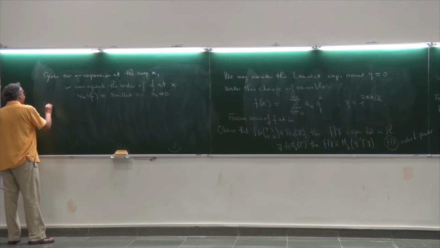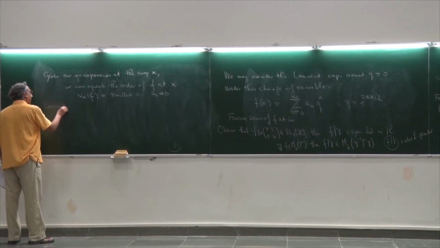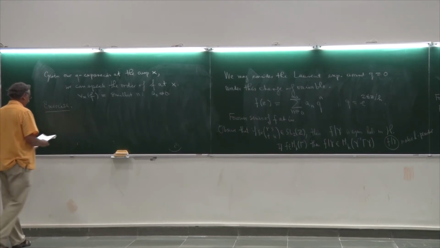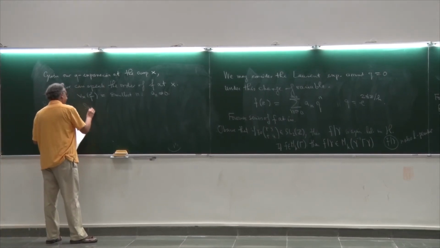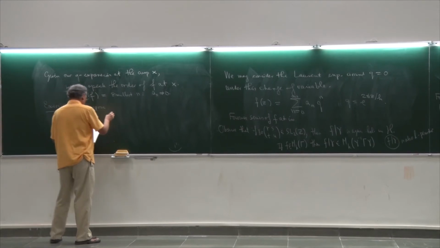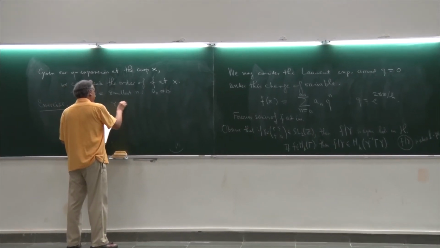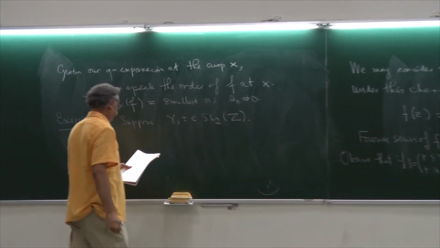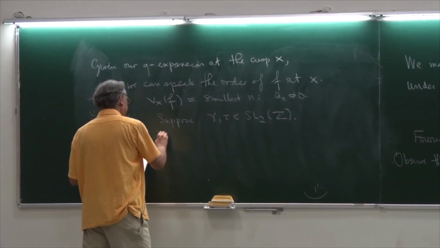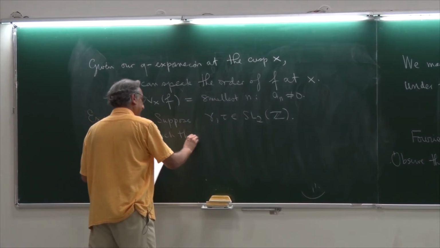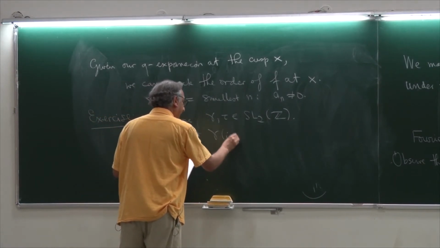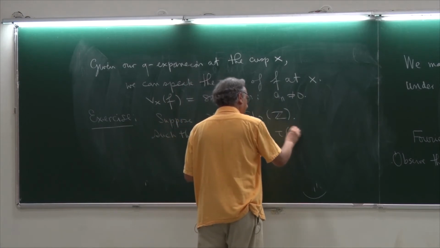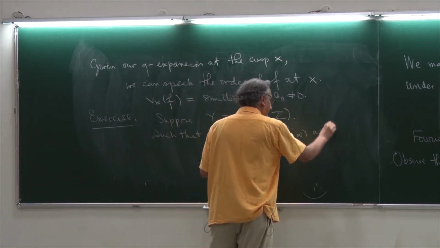A small exercise in order to understand. Suppose that gamma and tau are in SL2Z such that gamma of i infinity and tau of i infinity, so these are both cusps, are now gamma equivalent.